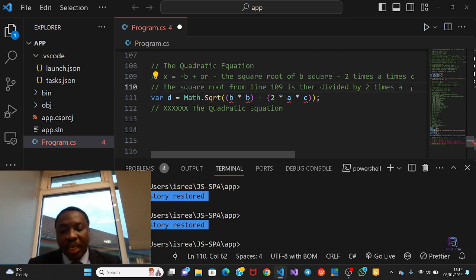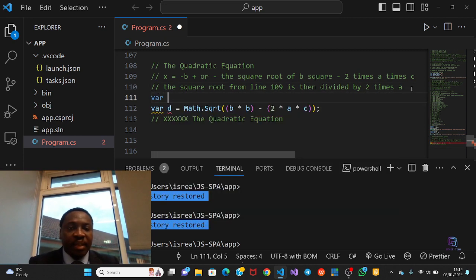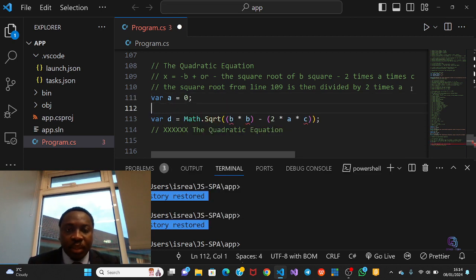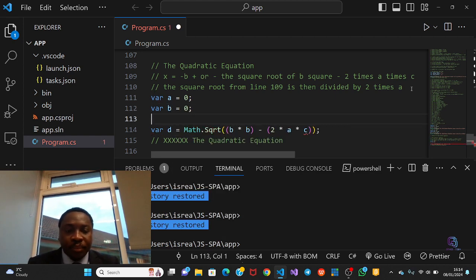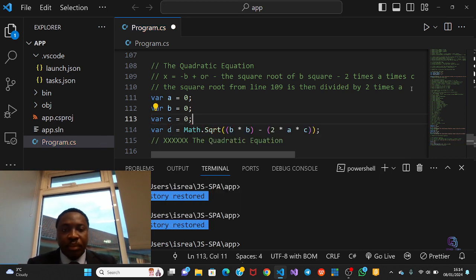I can declare it using var a is equal to 0. So variable is declared as variable. Variable b is equal to 0, and variable c is equal to 0.